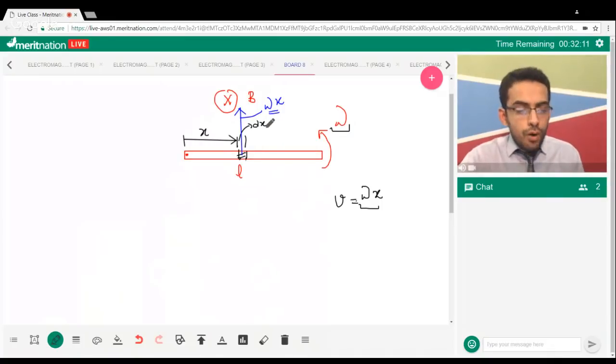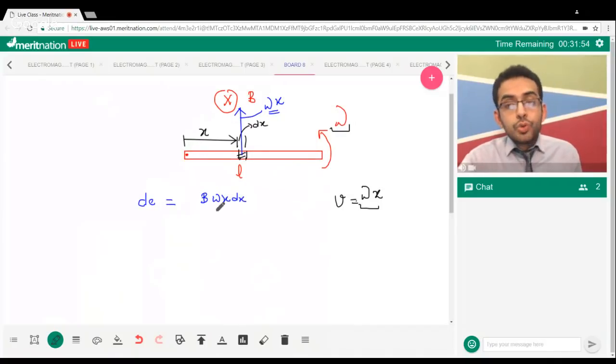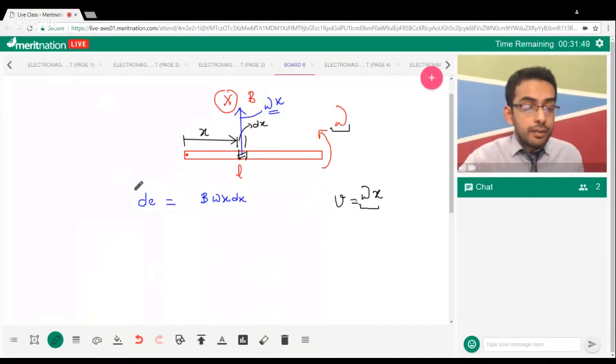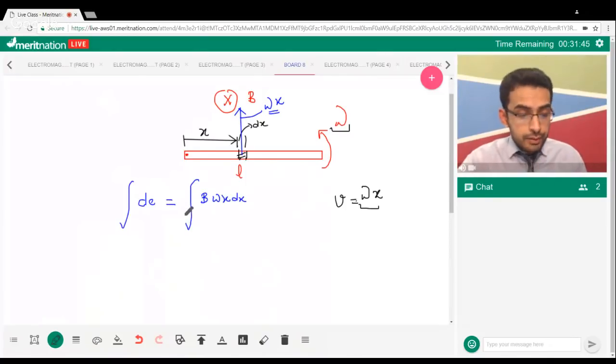Okay, so now the EMF induced across this element will be given by B omega x dx. Okay, so how to find it for the complete length? Just integrate that. When you integrate, you'll get the EMF induced for the complete length.